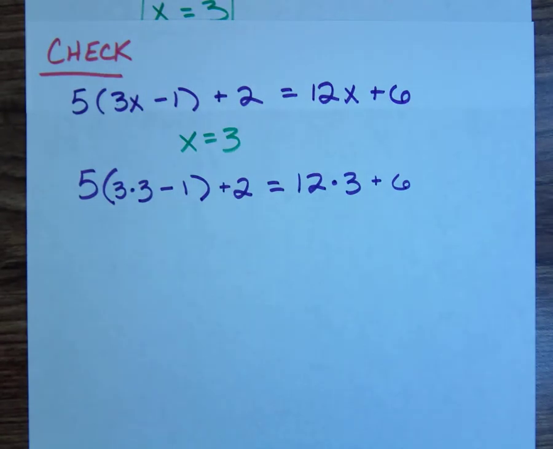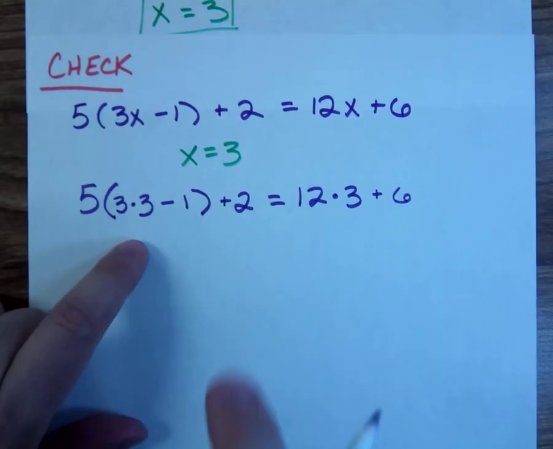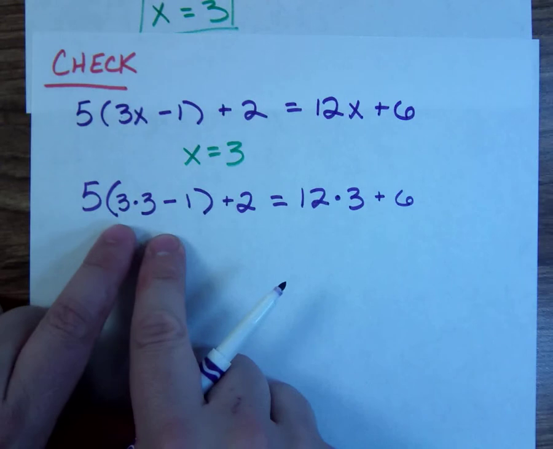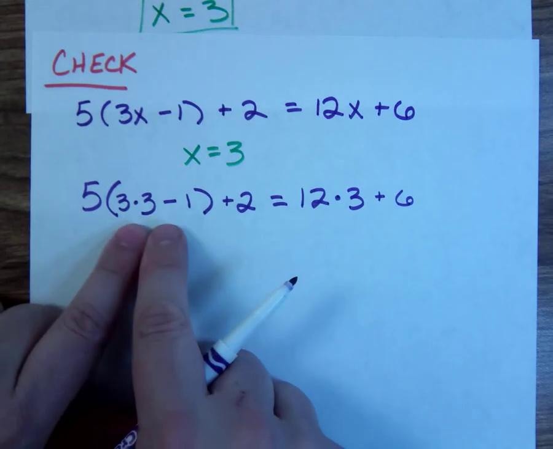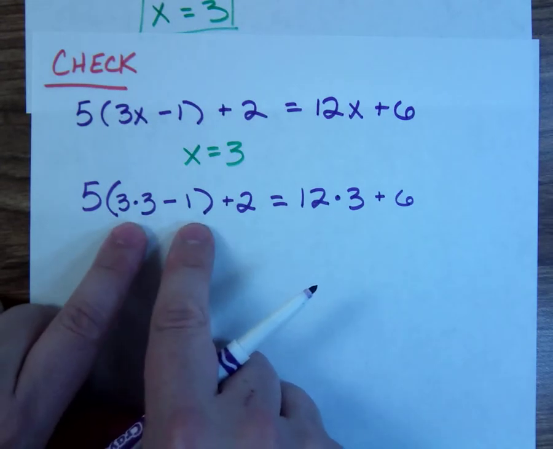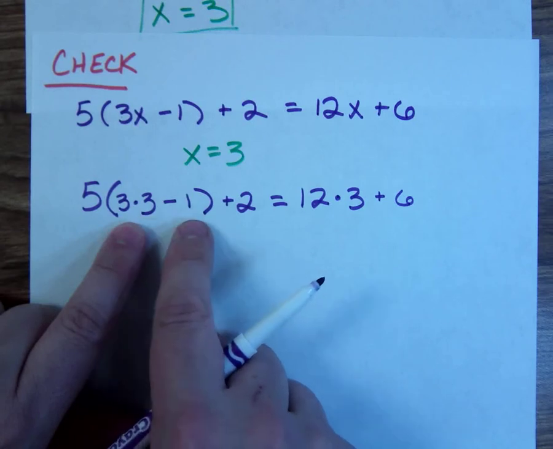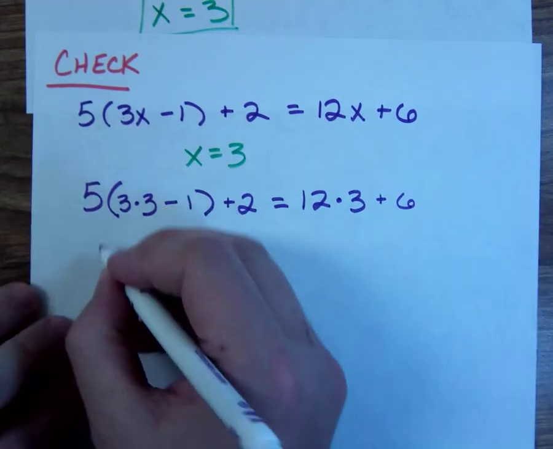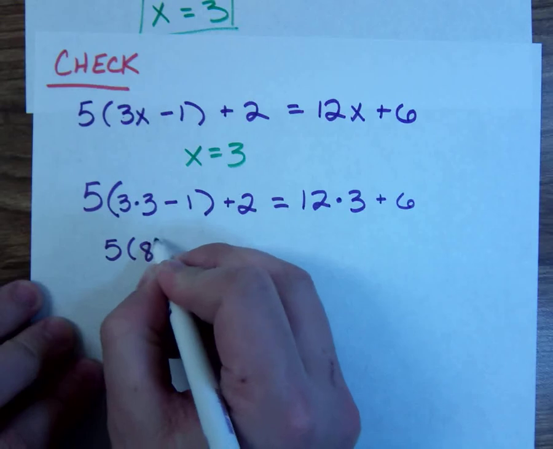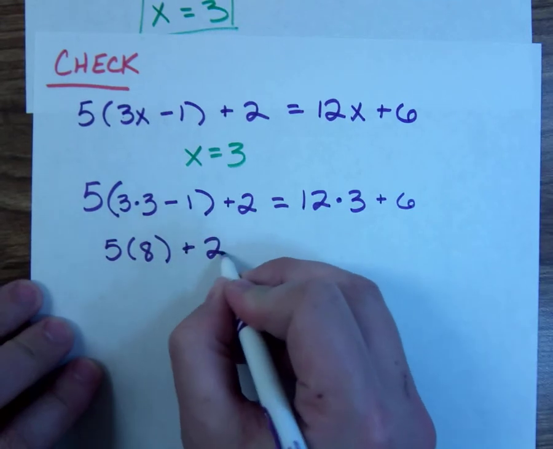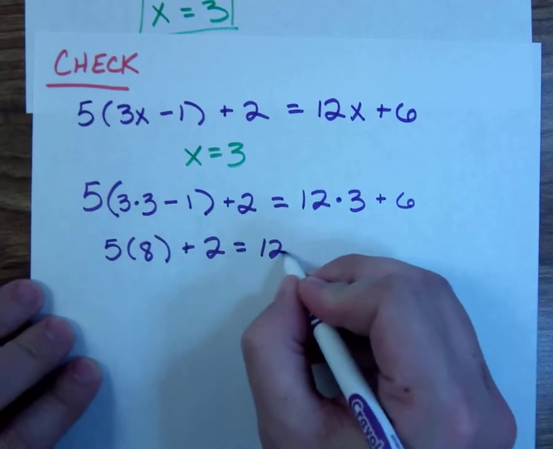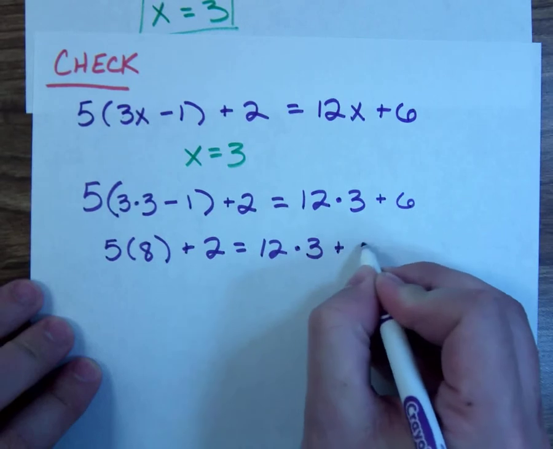Your dear Aunt Sally tells you the order that you need to do things in. So over here on this side, I got to do what's in the parentheses first. And what's in the parentheses is 3 times 3 minus 1. So what's 3 times 3? 9 minus 1. So this is going to be 5 multiplied by 8 plus 2 equals 12 times 3 plus 6.